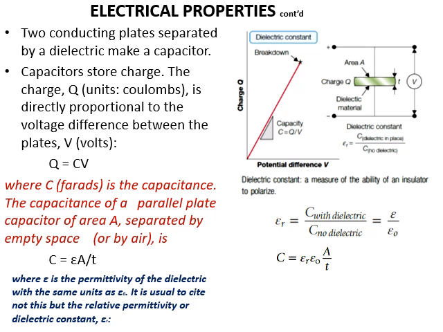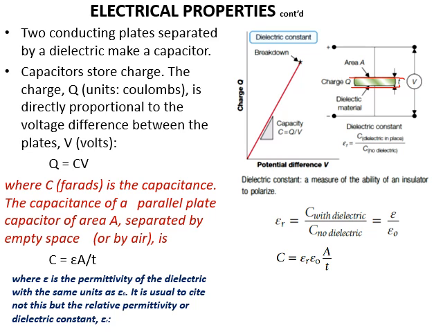When two conducting plates are separated by a dielectric, they make a capacitor. Imagine two plates; right in the middle you either put air or leave it as vacuum, or you can put a material between the plates, and then you charge it with the potential V, so it becomes a capacitor.